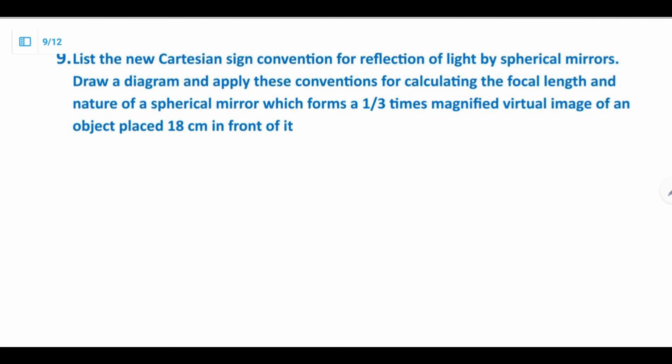The next question: list the new Cartesian sign convention for reflection of light by spherical mirrors. We have to explain the sign convention rules.